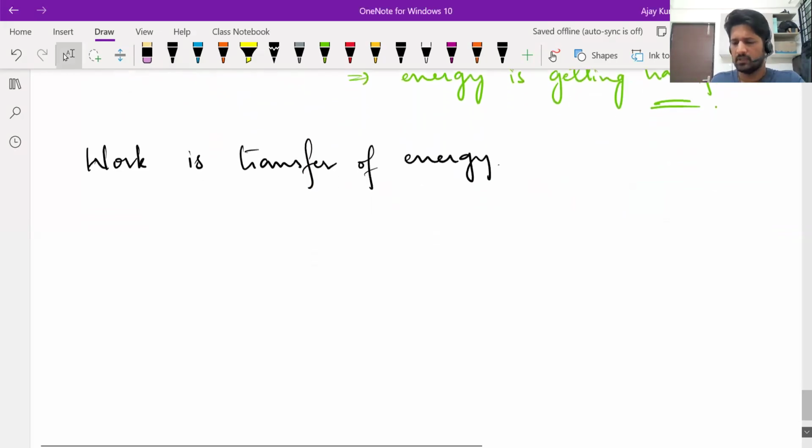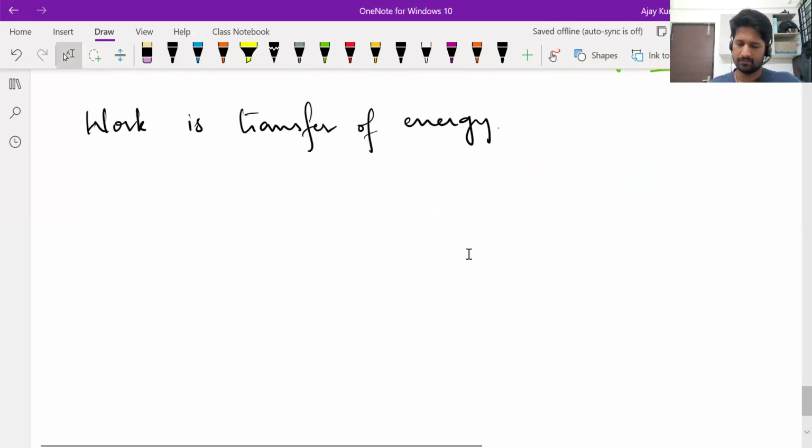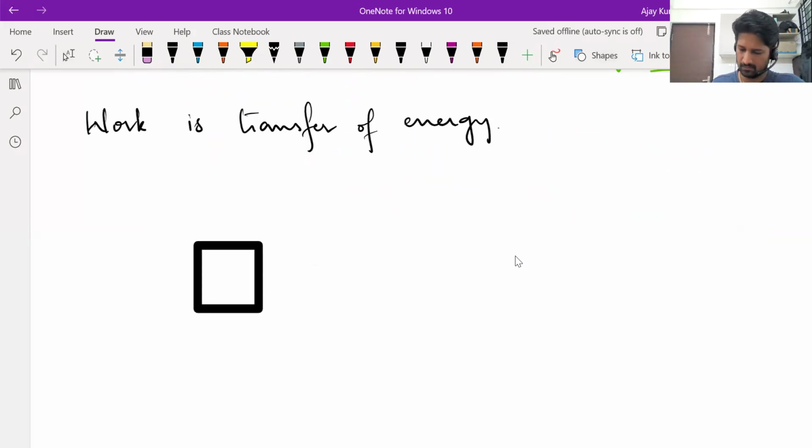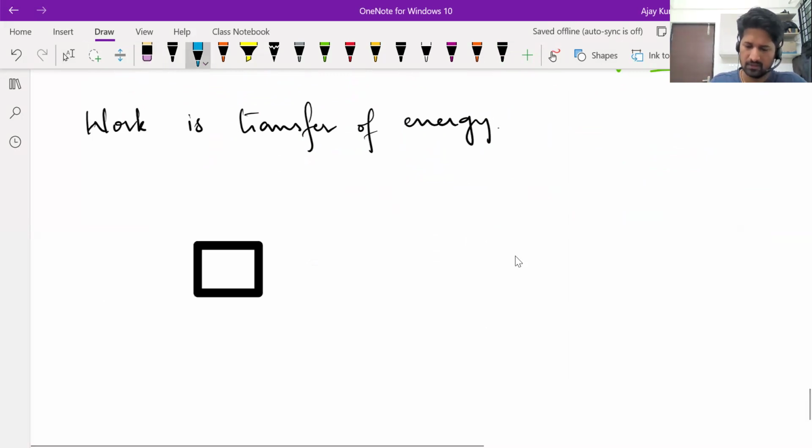Now, the proper definition of work. Suppose there is an object. It could be any object. Assume there are some forces acting on it. There could be only one force acting. There could be multiple forces acting.